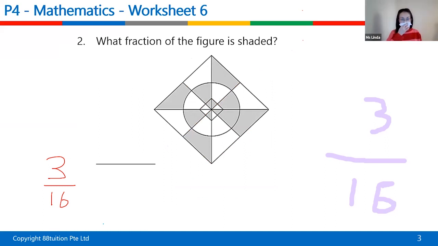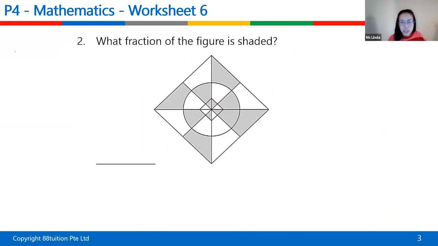Can you show me how you get half of this shaded figure? Let me clear your previous answer. I'm going to explain if you can see the square.